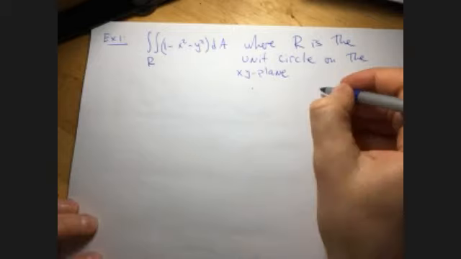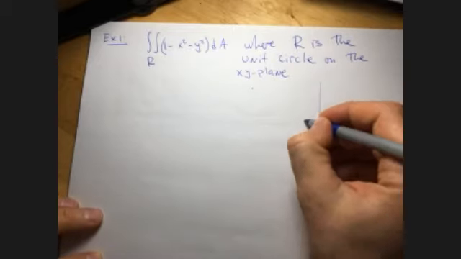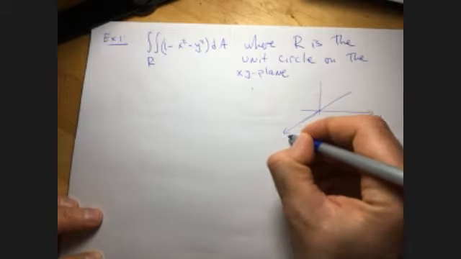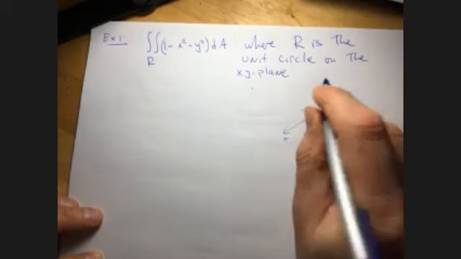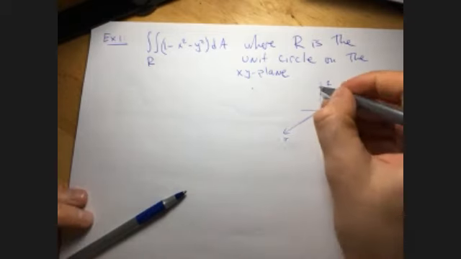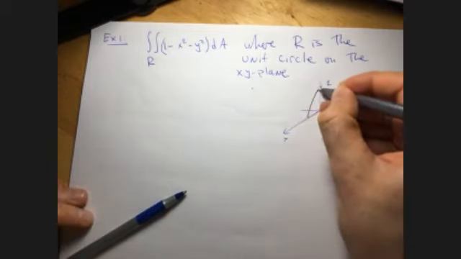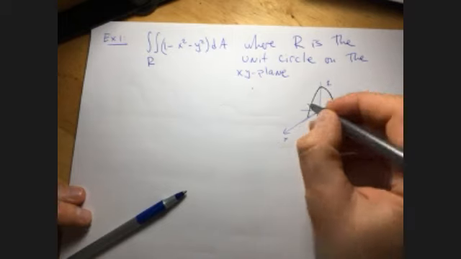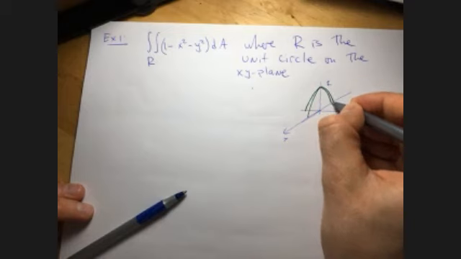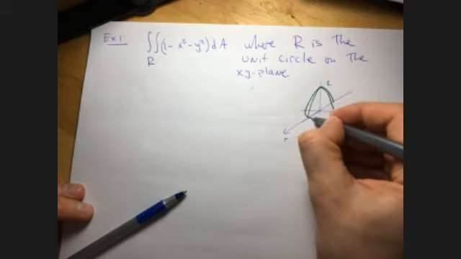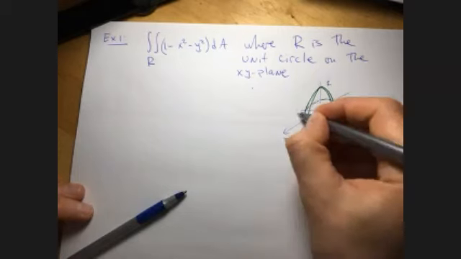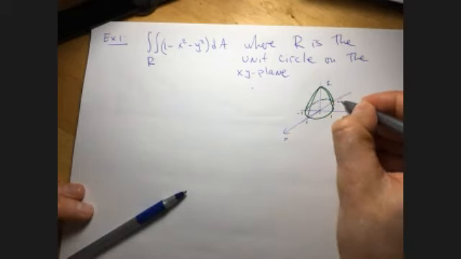So we're basically finding the volume under this, negative 1, 1, 1, negative 1, right?